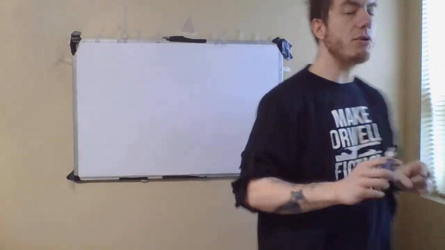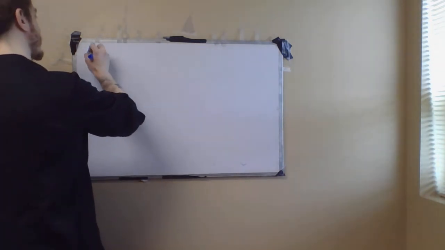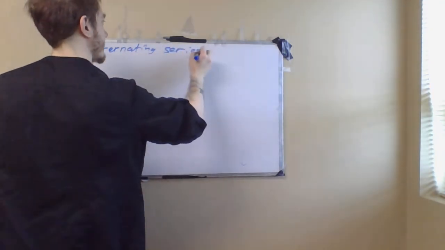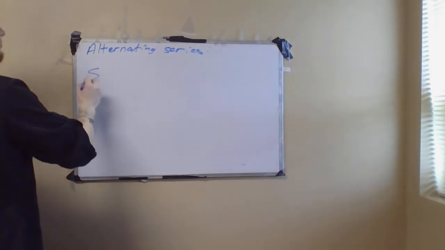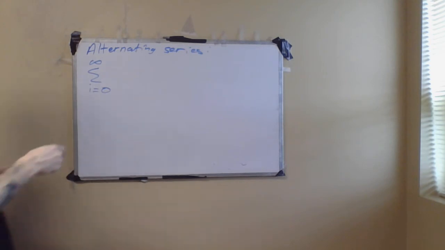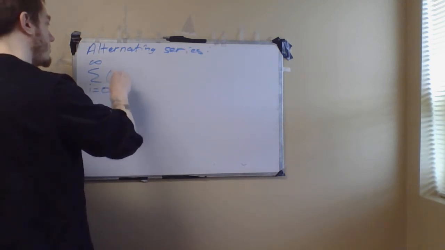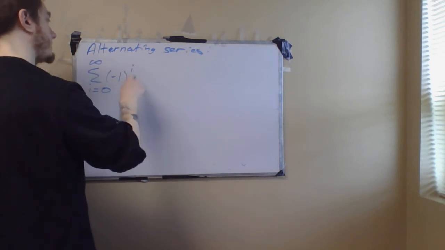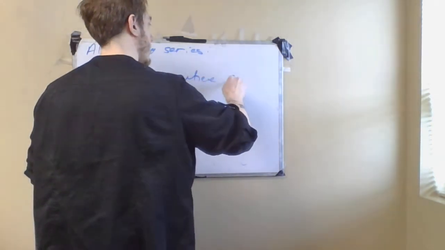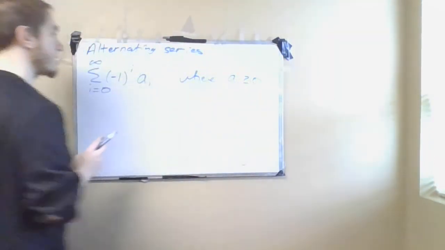So let's go on to talking about an example here. In order to give you this example, we need to talk about something called alternating series. A series is called alternating if it has the form sum from i equals 0 to infinity, or maybe 1 to infinity, of minus 1 raised to the i times a sub i, where the a sub i are all bigger than or equal to 0.